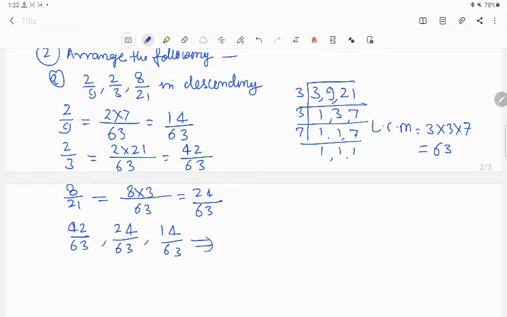This implies that 2 by 3 is greater. So you have to write from greater to smaller.